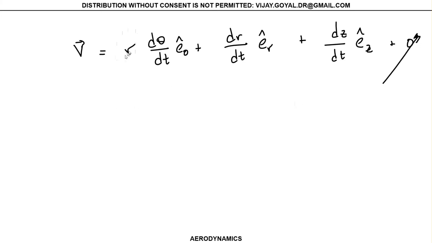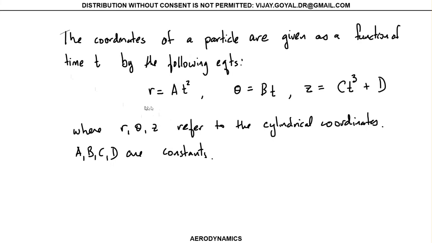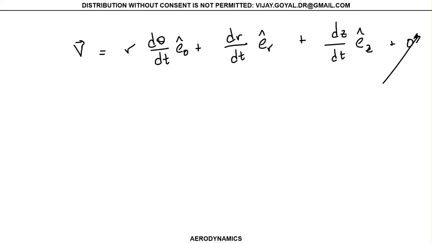So now you know what your r is, you know what your theta is, right? That's given in the problem, r, theta, and z. So we're going to just replace the values in here, and you see that this is equal to r times b, right?